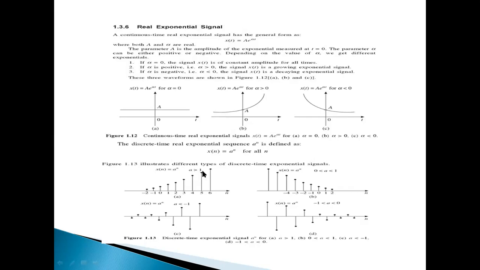Always take a greater than 1, not a equal to 0, because if a is 0, the value is also 0. Anything power 0 is 1 only. So a power 0 is 1. Okay, and so on, an exponentially rising function.